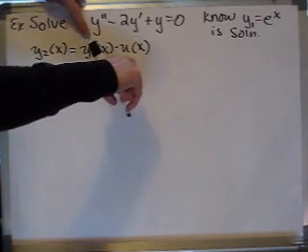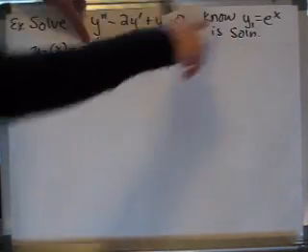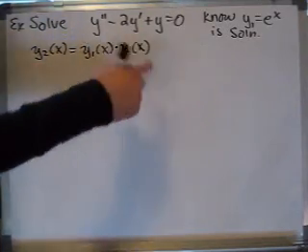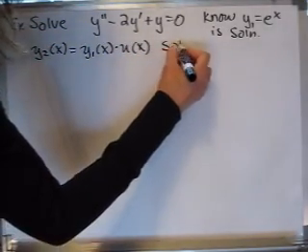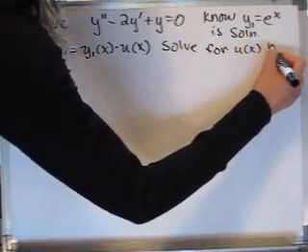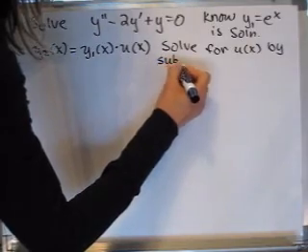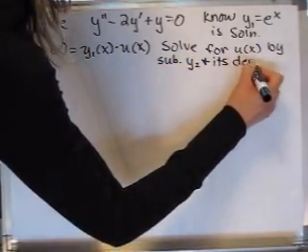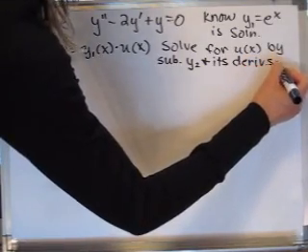If we can figure out what u of x is, we already know what y1 is, so then we have generated another solution, y2. So the goal is to solve for u of x by substituting y2 and its derivatives into the differential equation.